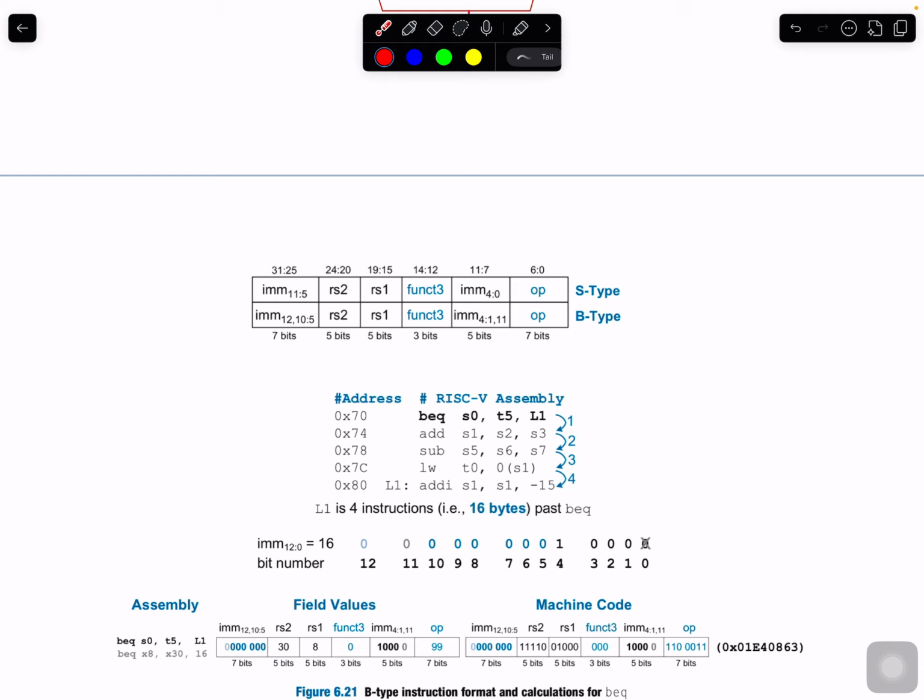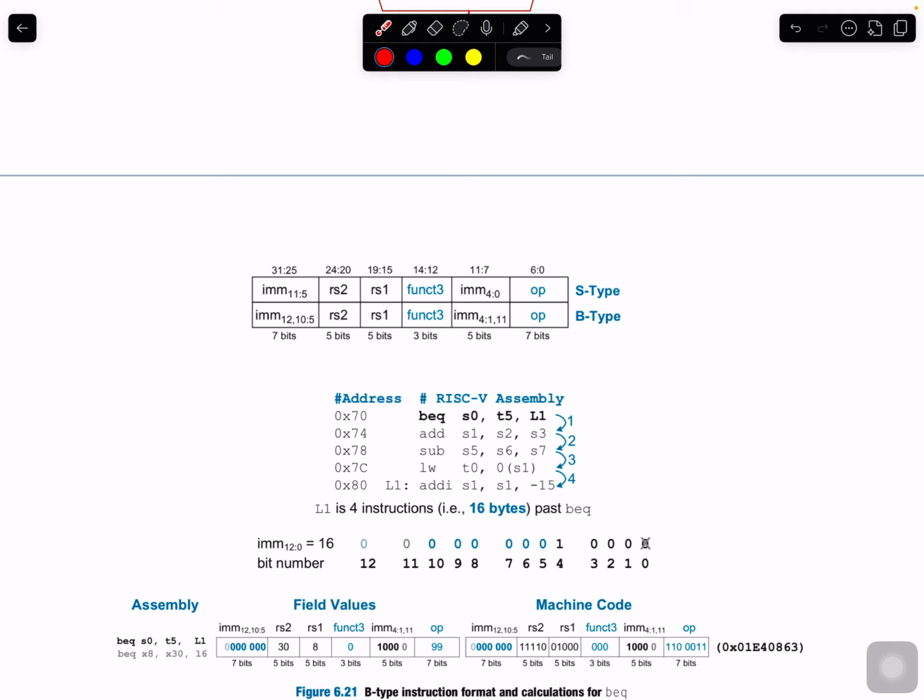Remember, each address increments by 4, and we talked about that in the memory architecture video. If you don't remember, go back and watch it. So each step is 4, which means this instruction is 4 words down in this table, and 4 times 4 is 16. Make sense?